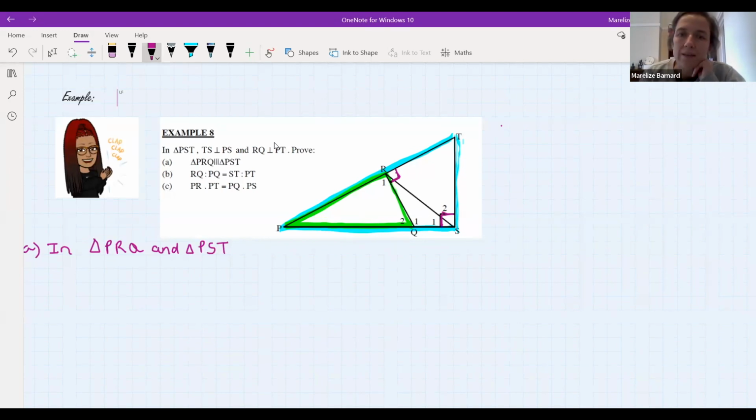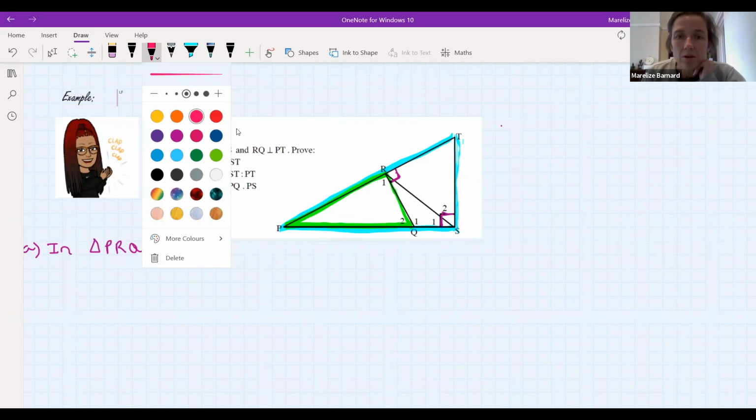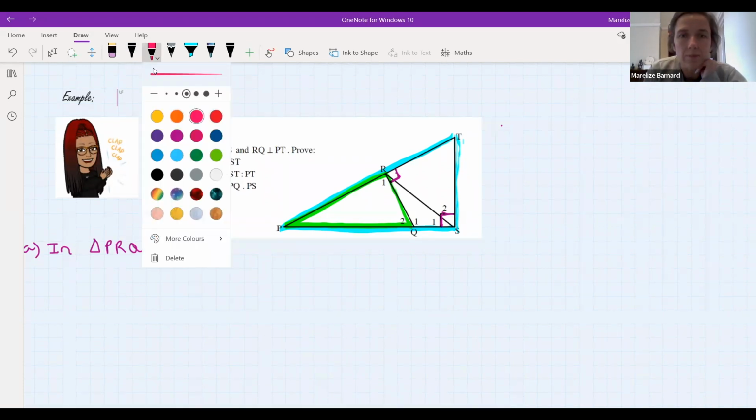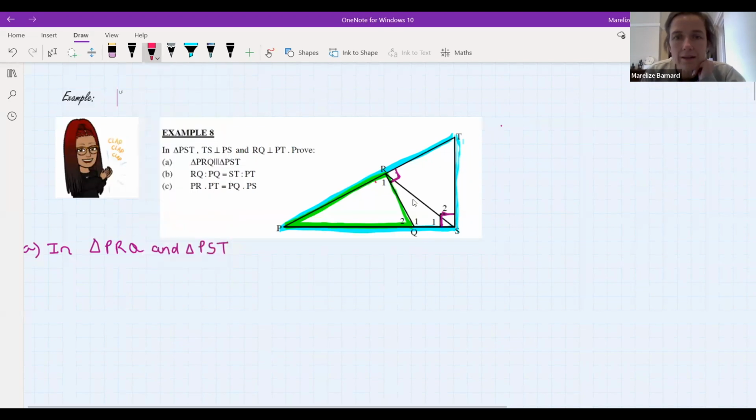First of all, here's a right angle. That was given. But from that, I can now say that R1 is also 90 degrees because of angles on a straight line. So that's great, because that already gives me one pair of angles. R1 is going to be equal to angle PST over here.